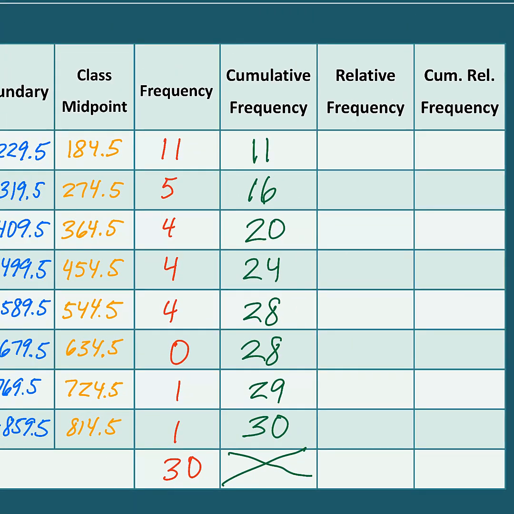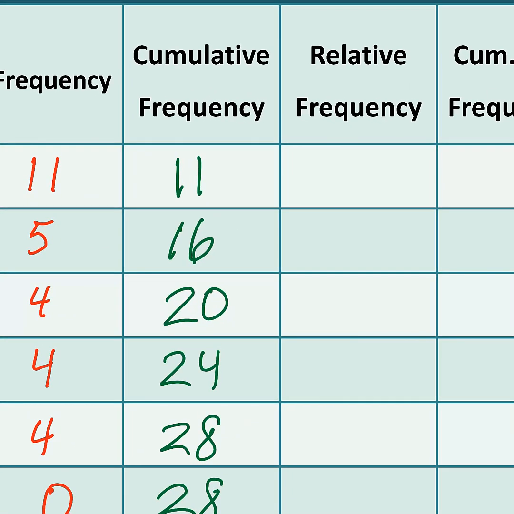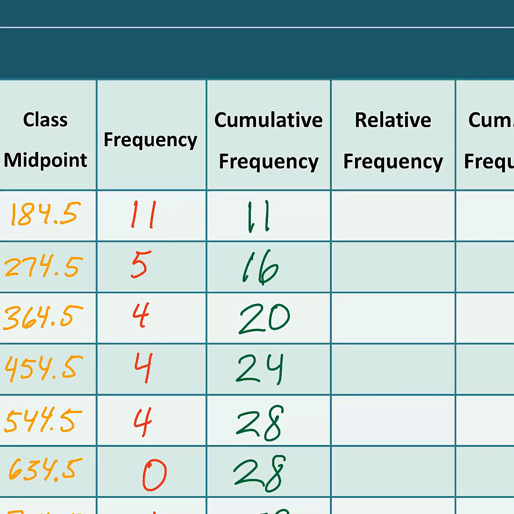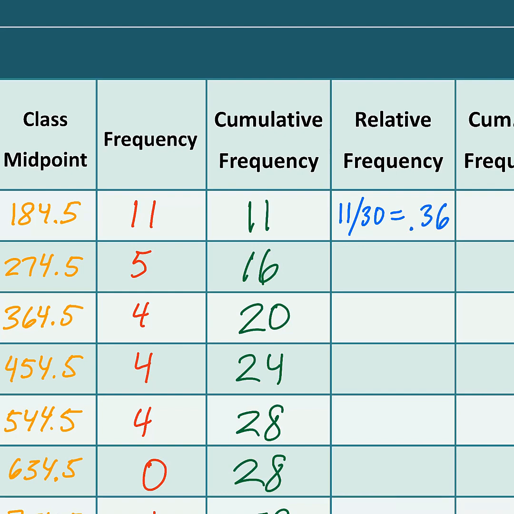Now for relative frequency, we have done this before, so I'll continue here with the same process. Recall that we are not going to use percentages, we're just going to use decimals. And all we simply need to do is take the number of coaches in each class and divide by 30. And what I get is 0.36, where the 6 repeats forever.